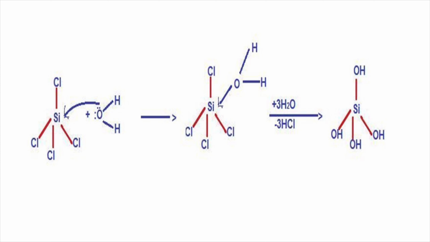For example, silicon tetrachloride undergoes hydrolysis probably by initially accepting a lone pair of electrons from a water molecule in a 3d orbital of silicon to form an intermediate, which gives off a molecule of HCl to yield SiCl3OH. The process then continues in a similar manner, finally leading to the formation of silicic acid.